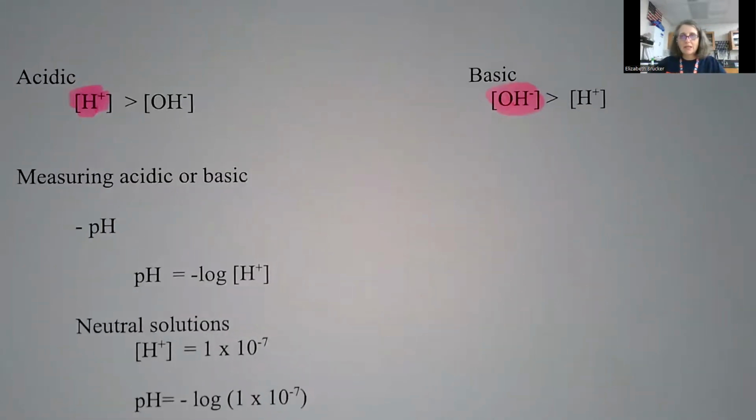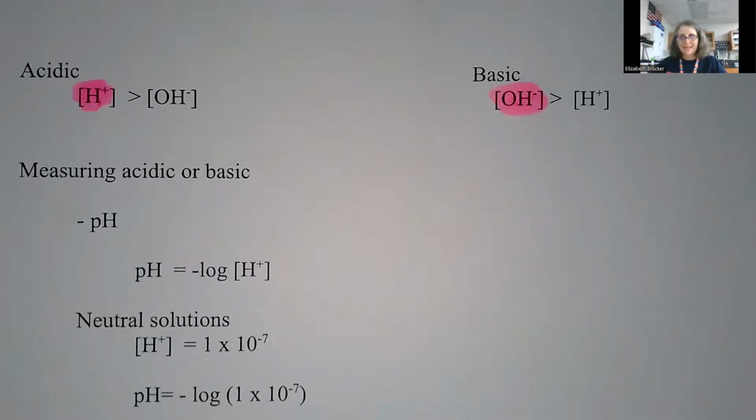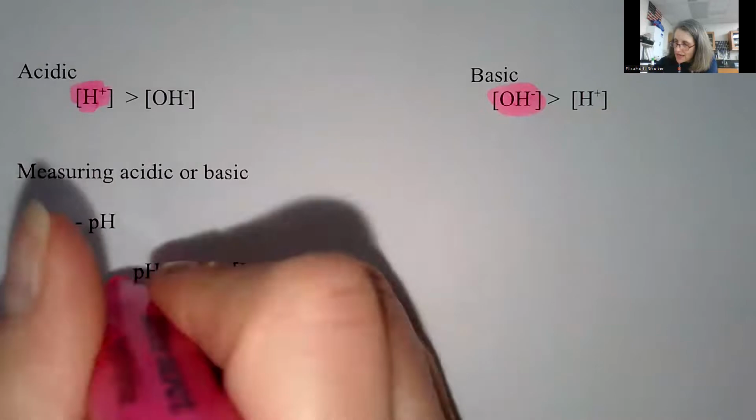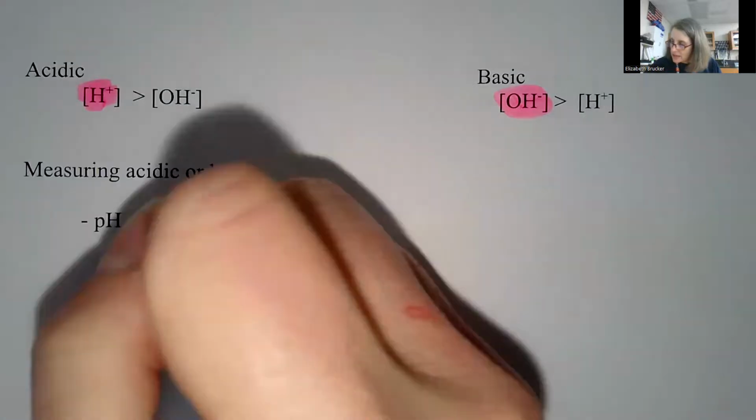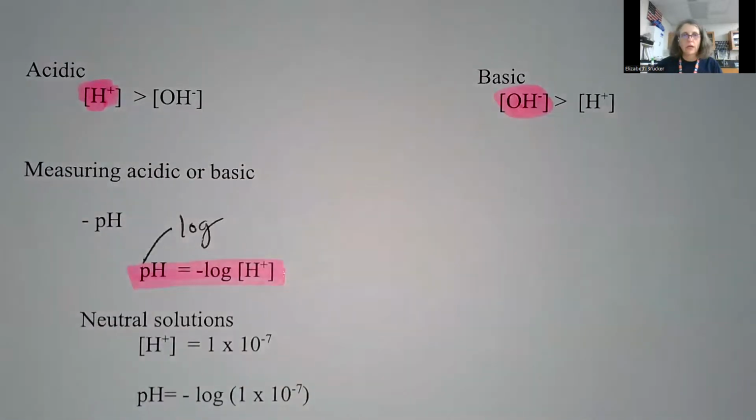Because these numbers that we're dealing with are so tiny, 10 to the negative 7th and small numbers like that, we're going to do something called pH. And pH is going to be the negative log of hydrogen ion concentration. And all the lowercase p stands for is log, okay? So we're just going to plug things into our calculator.